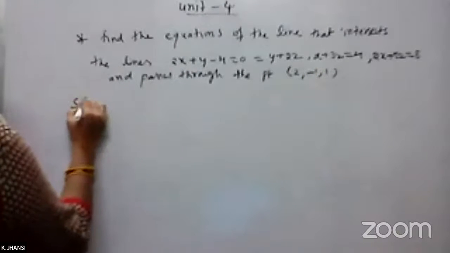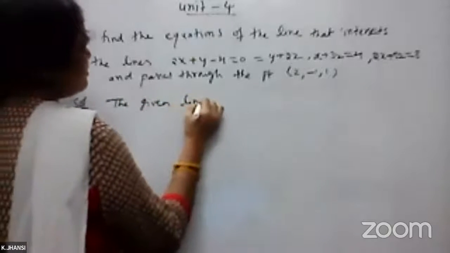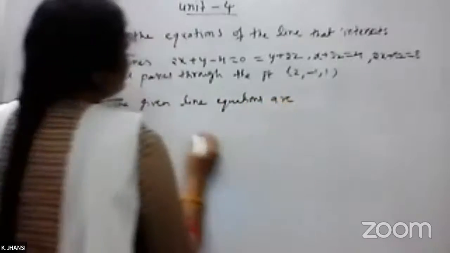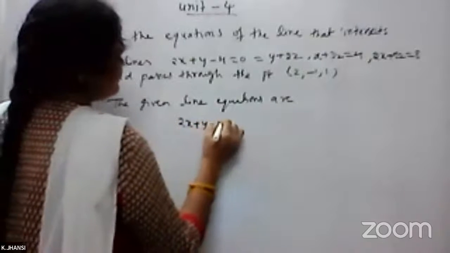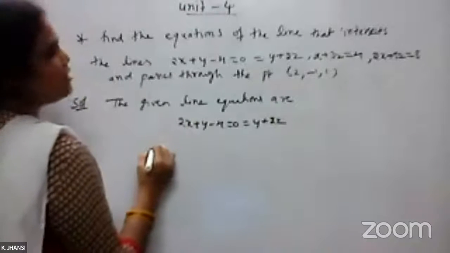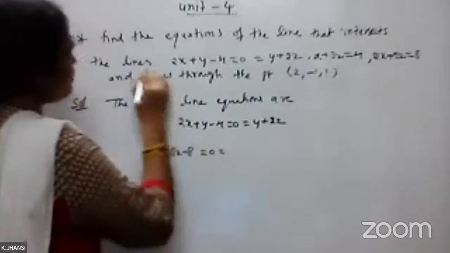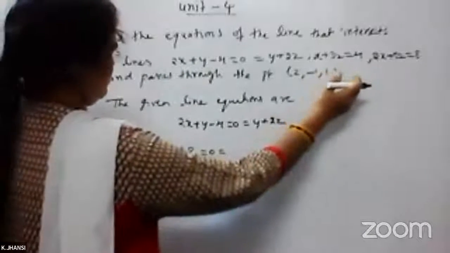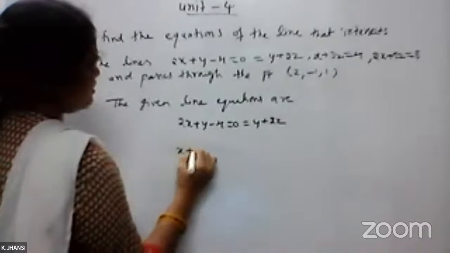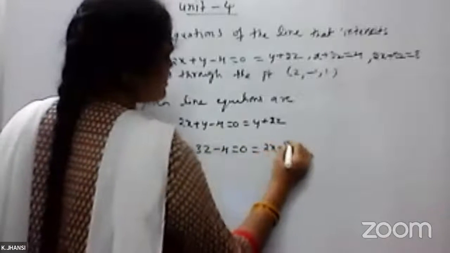Okay, so first you write the given line equations. So we have 2x plus y minus 4 equals 0 equals y plus 2z, and another one is x plus 3z minus 4 equals 0 equals 2x plus 5z minus 8.